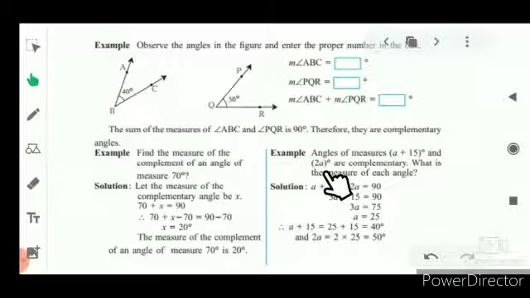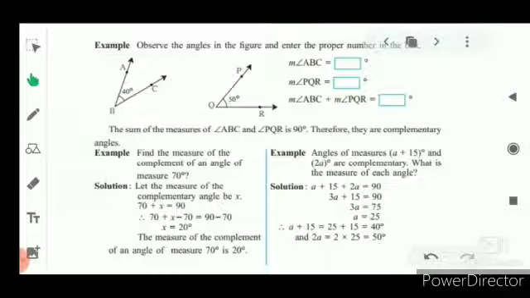So a plus 15 plus 2a is 90 degree because they are complementary. After solving we get 3a plus 15 equal to 90 degree, that is 3a equals 90 minus 15, that is 75, and the value of a we get as 25 degree. So on putting this value of a in a plus 15 and 2a, we get the angles as 40 degree and 50 degree.